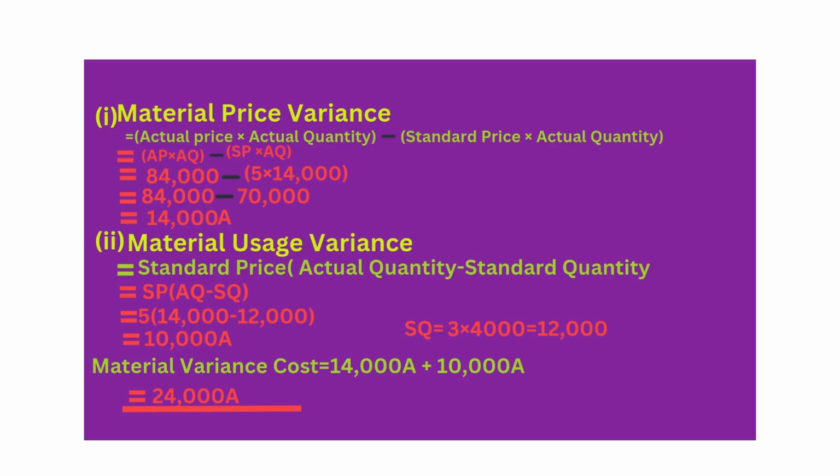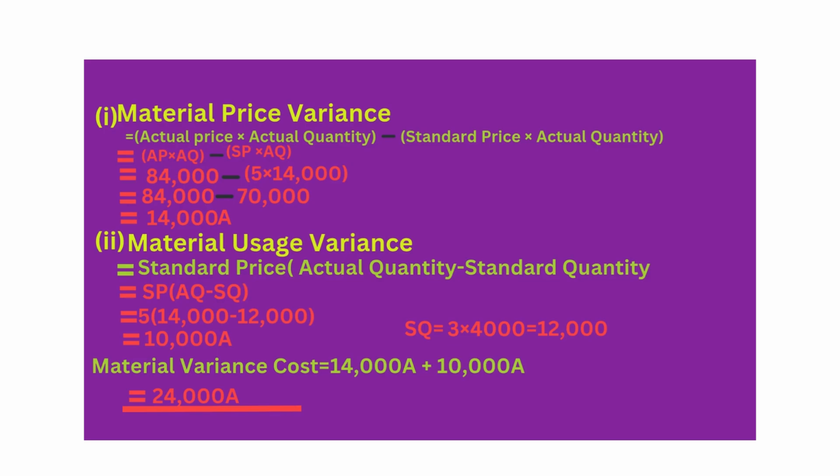So our cost is 84,000 shillings minus our standard price, which is 5 shillings per kg, multiplied by our actual quantity, which is 14,000 kgs.